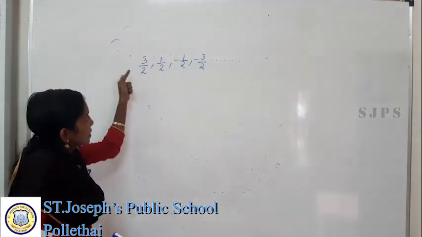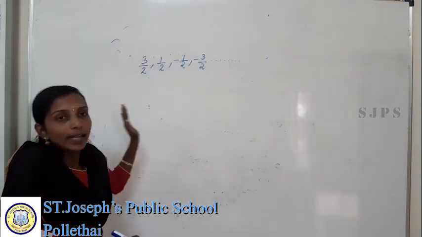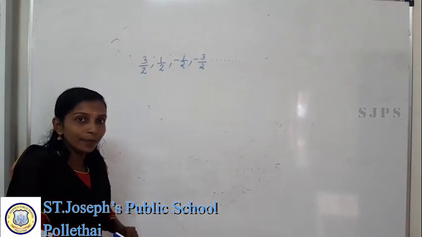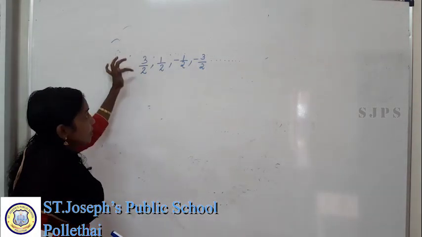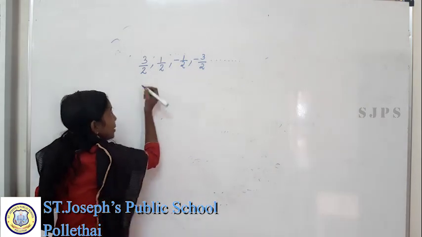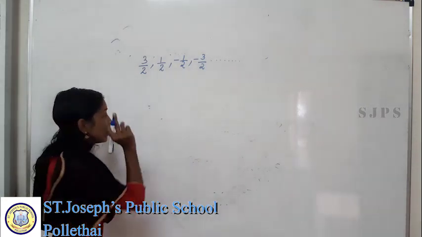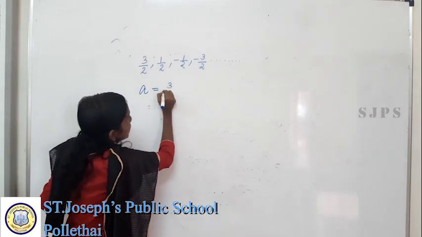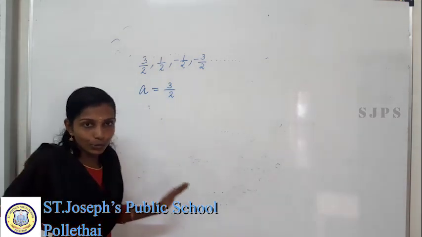The first term is the first number we can see in the arithmetic progression. Which is the first number here? The first number is 3 by 2. We denote the first term as the letter A. So A is equal to 3 by 2.